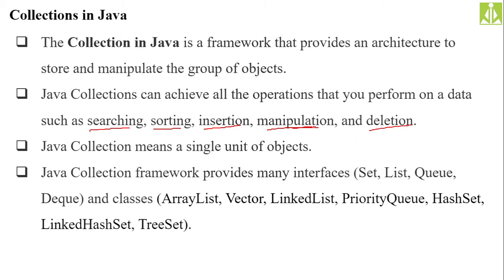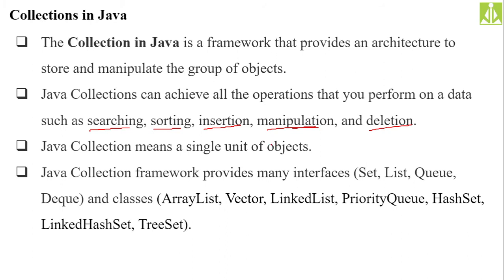Whenever we are grouping the elements or combining more number of elements together, we are expecting these types of operations on the group, on the collection. When you are adding multiple elements together as a single entity, that entity will be treated like a single entity only.